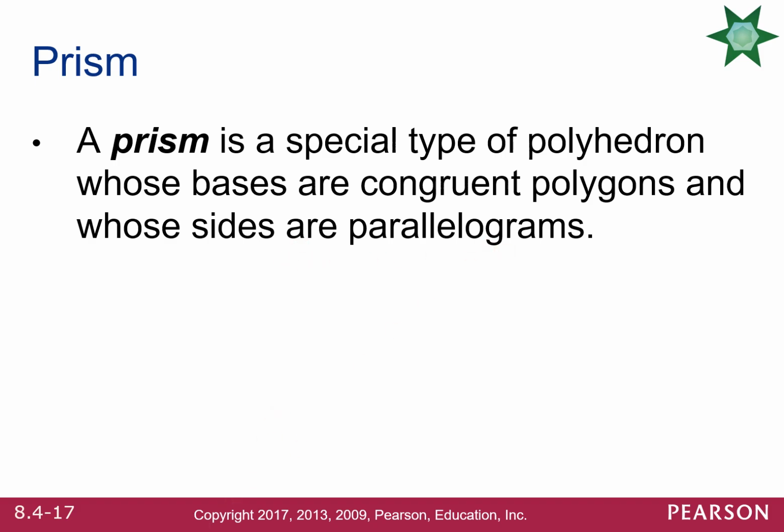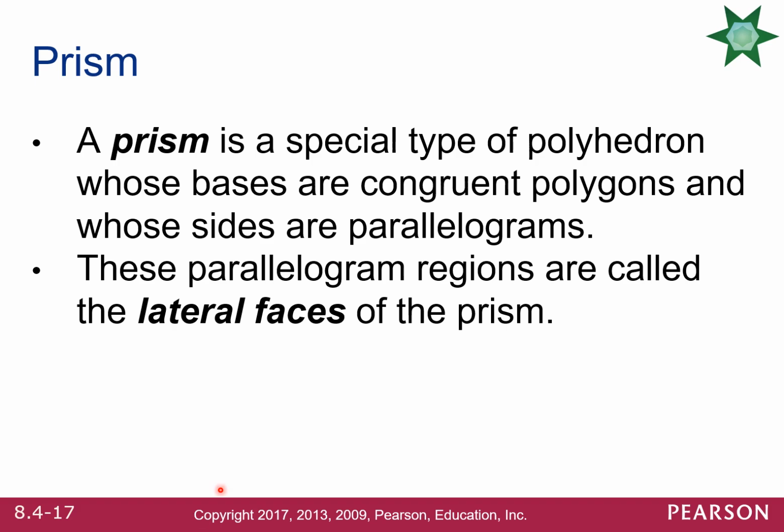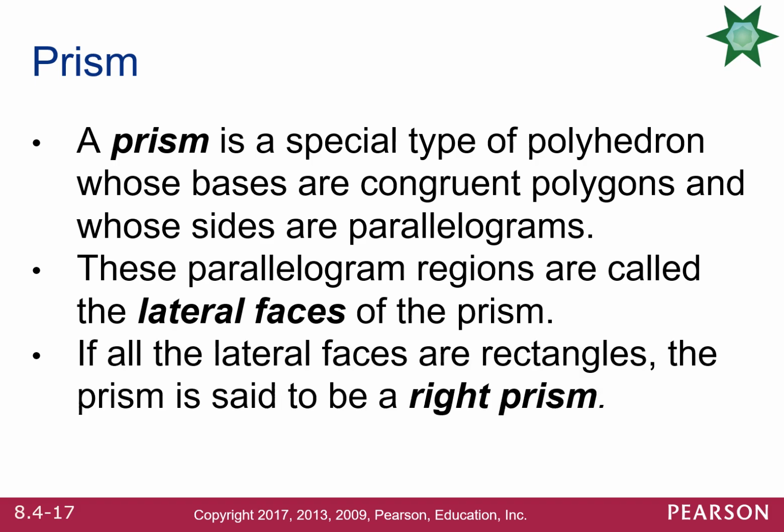These parallelogram regions are called the lateral faces of the prism. If all the lateral faces are rectangles, the prism is said to be a right prism. So let's see if we are provided with a picture of a prism, because just by reading the description it's difficult to envision what the shape may look like.